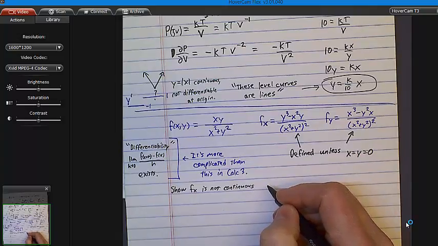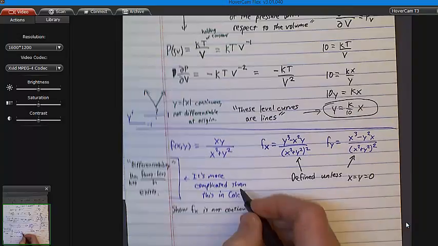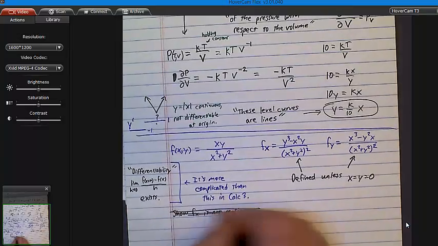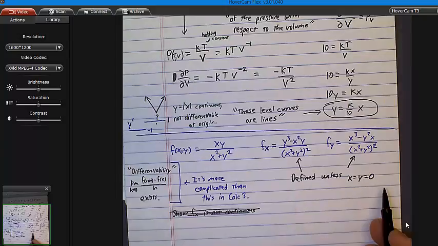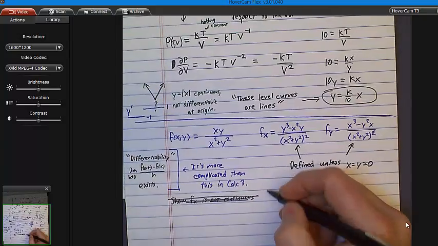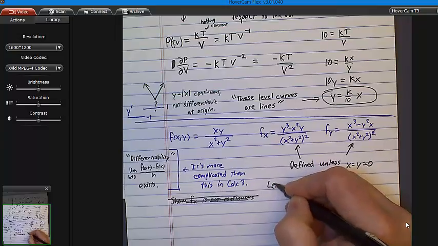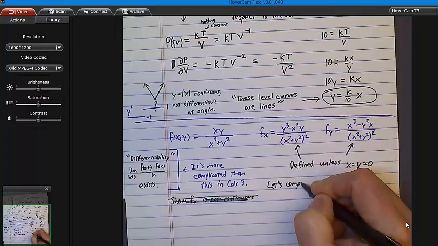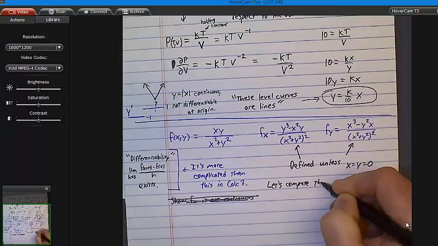Well, we already know that, so let's not just write that down. We already know it's not continuous because it's not even defined at 0, 0. Instead, let me just compute a couple of limits.